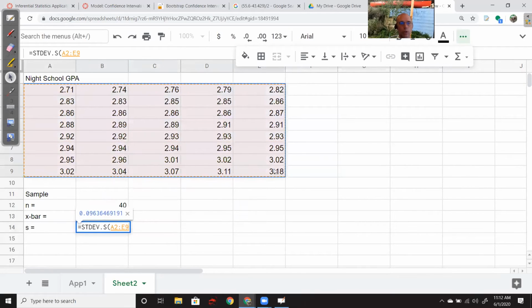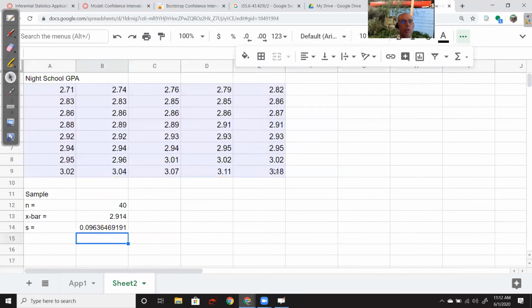And if I round those, they should be the same numbers I was given. 2.914, 0.096, yep. And I don't need that many decimal places visible. Okay, and these are 3 decimal place values because the data was 2 decimal places, the way I chose to round them that way. All right, so that's from the sample.